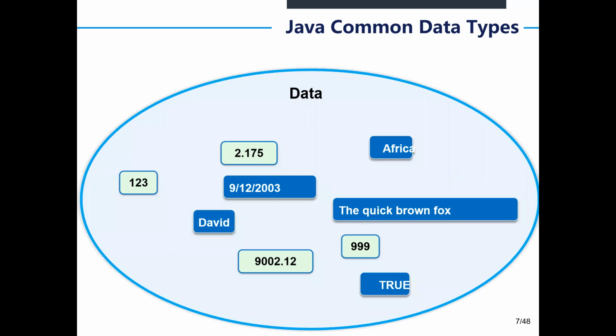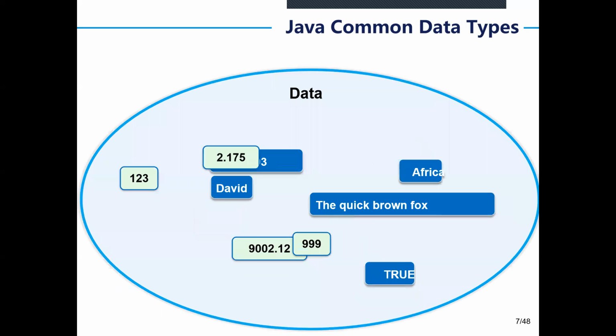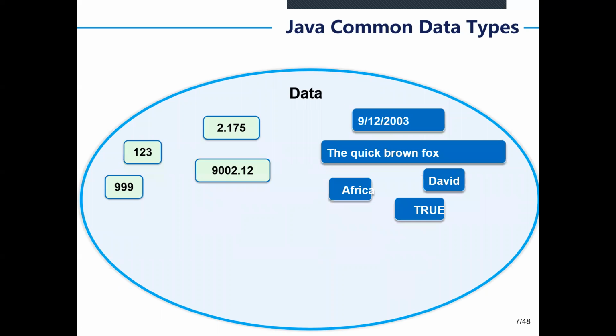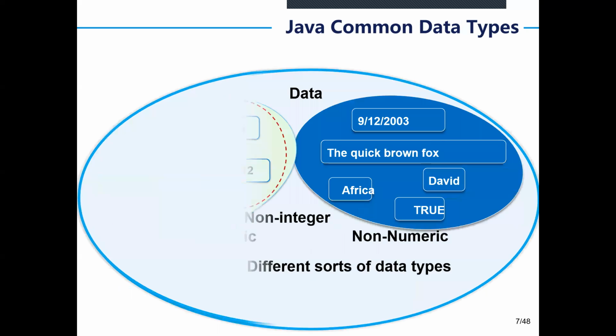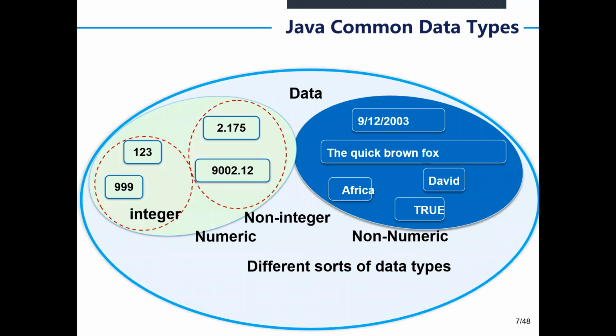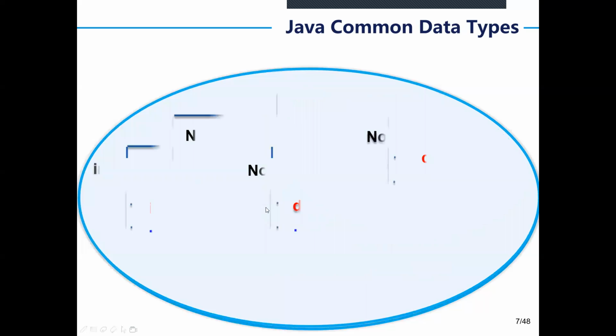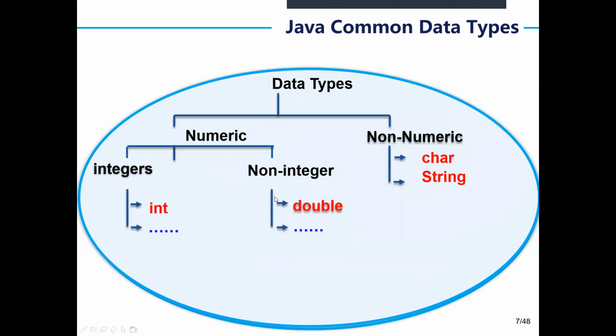There are many data types in Java. This data can be divided into numeric and non-numeric.